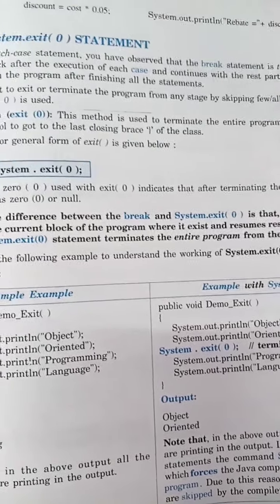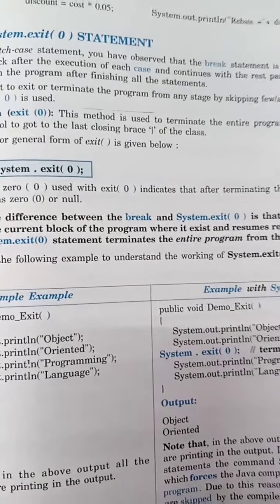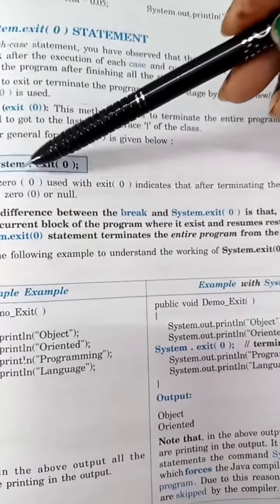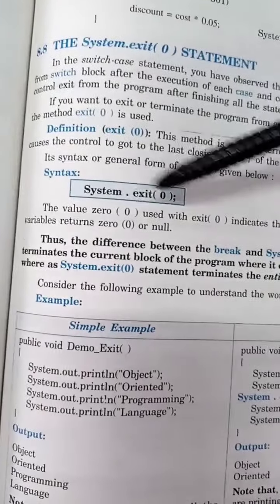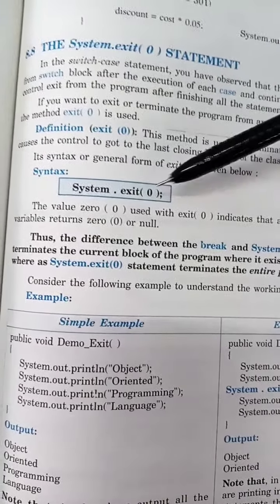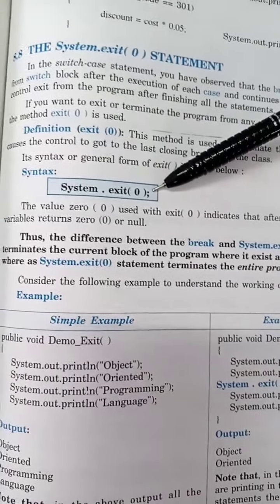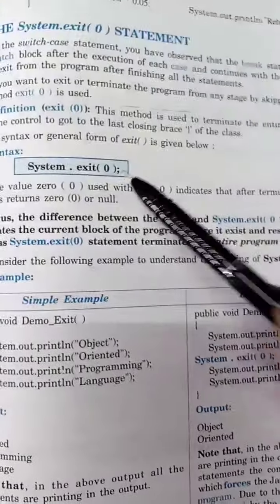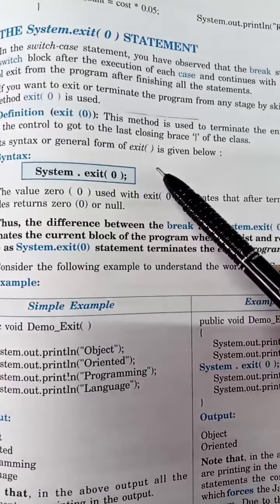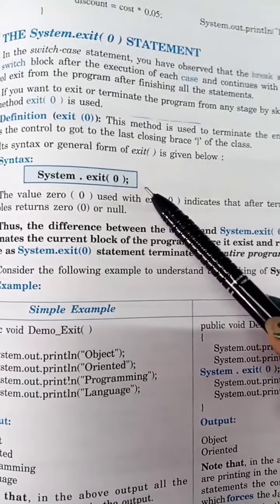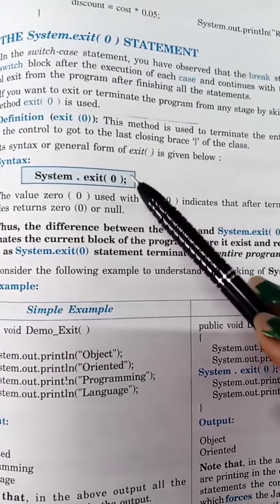If you have to terminate the entire program, then you will be using this method like this code, system.exit 0 semicolon. Whenever this statement gets executed, your program will be terminated at that time.